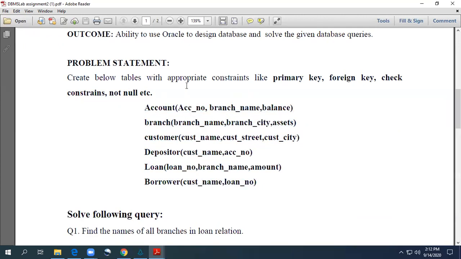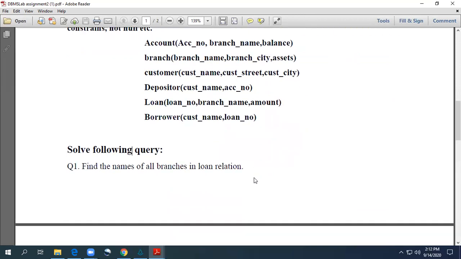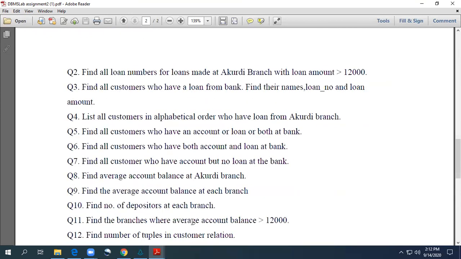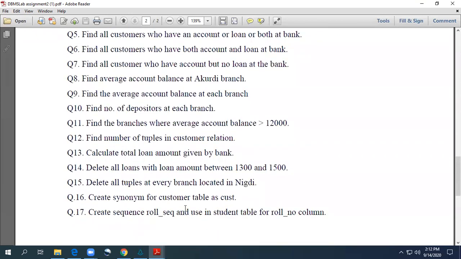First, create all these tables by assuming appropriate constraints like primary key, foreign key, and check constraint. After creating the tables and inserting suitable data, you can solve different DML queries here. So there are a total of 17 queries that we have already discussed in the lab session, right?